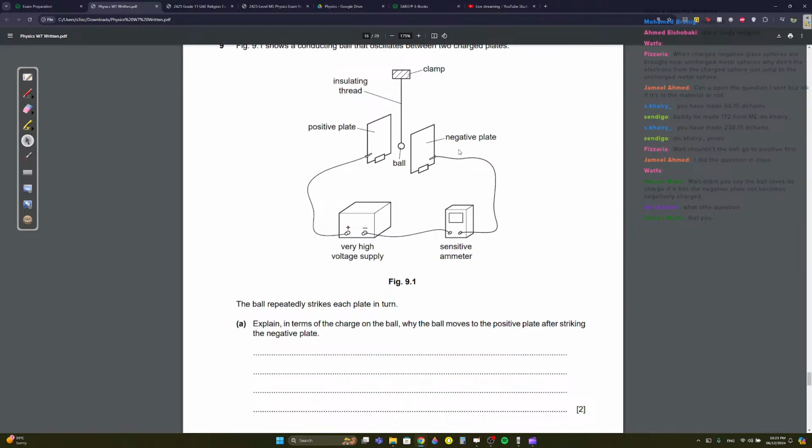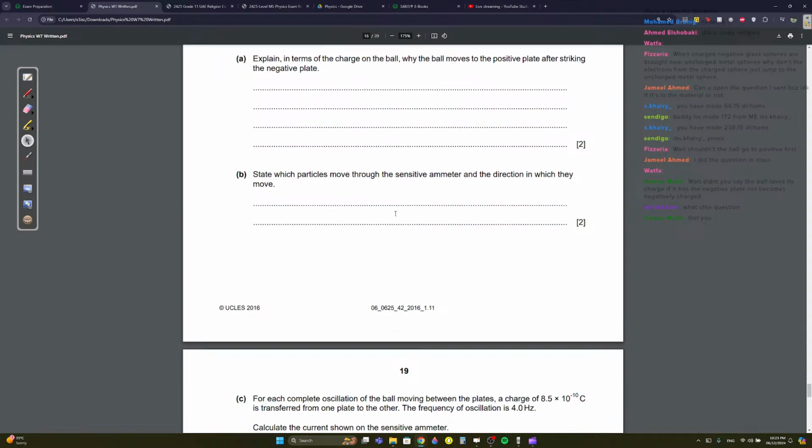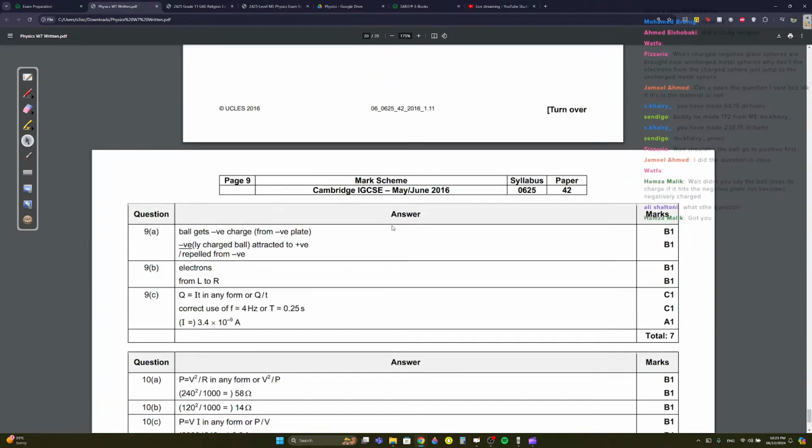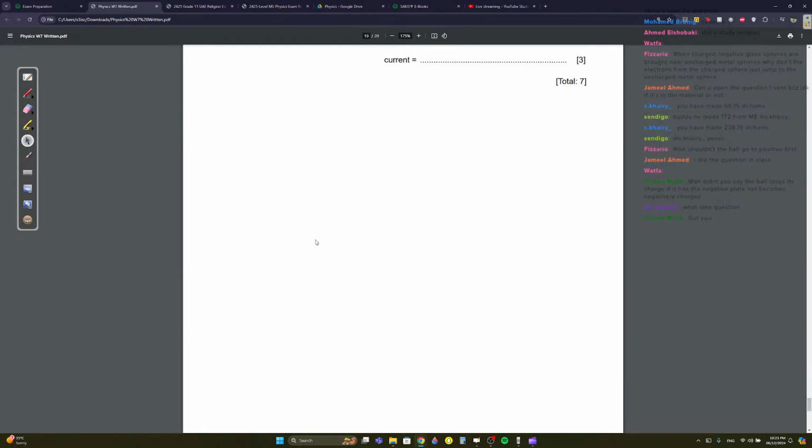Let's say it hits here. Negative. Okay. Yeah, guys, why? Okay, I know left to right, but why is it left to right?